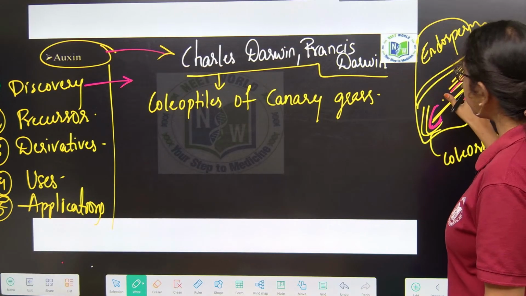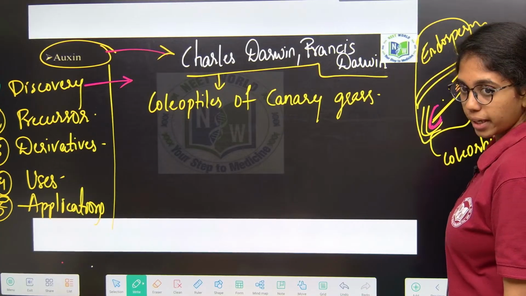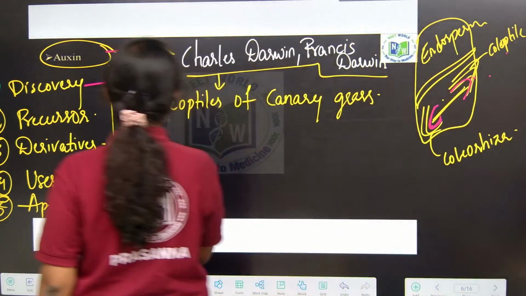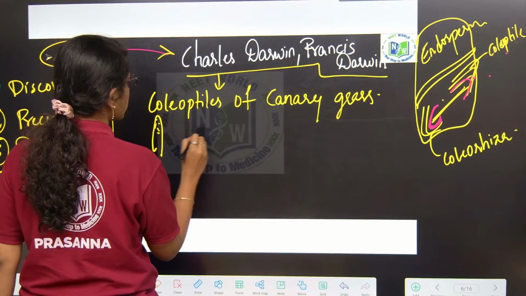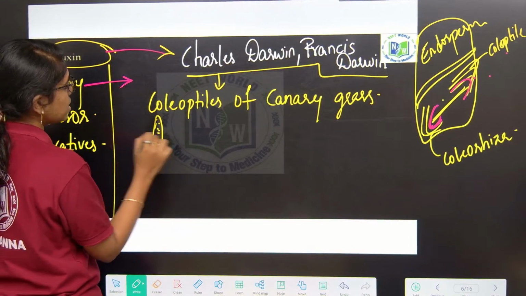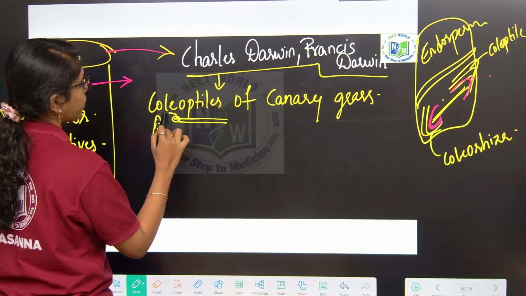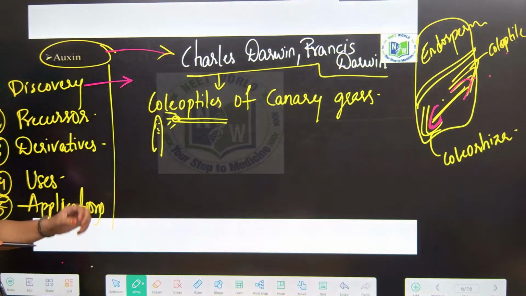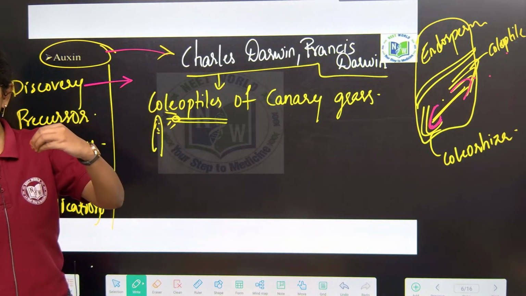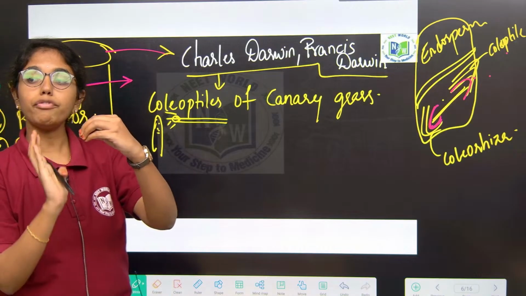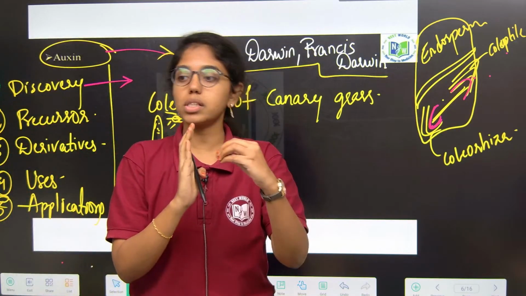So the coleoptiles of canary grass were taken, and these coleoptiles were subjected to unilateral light. With the exposure of sunlight, this coleoptile has shown a phototropic bend towards the sunlight.